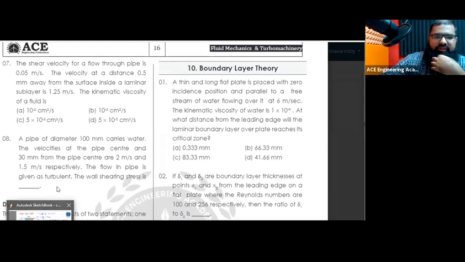Now, question number 7. It says that the shear velocity for a flow through a pipe is 0.05 meters per second. The velocity at a distance of 0.5 mm away from the surface inside a laminar sublayer is 1.25 meters per second. Kinematic viscosity of the fluid is how much?